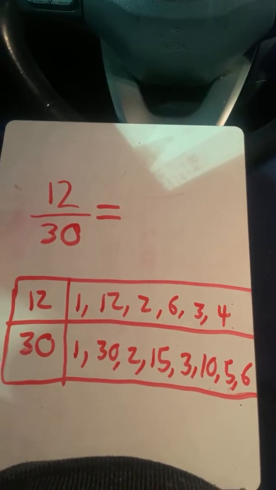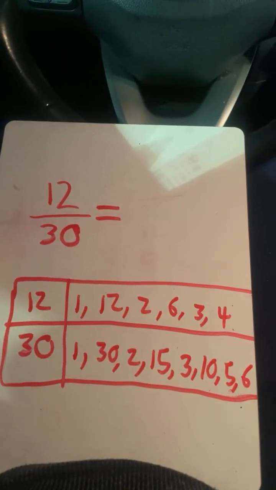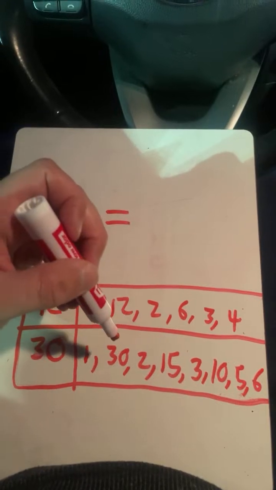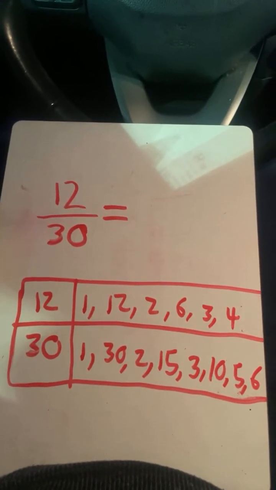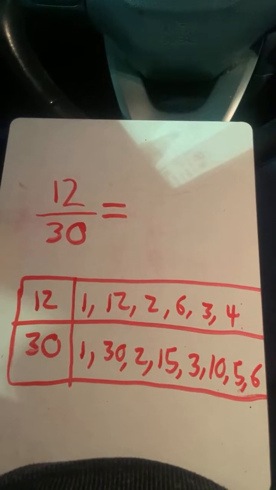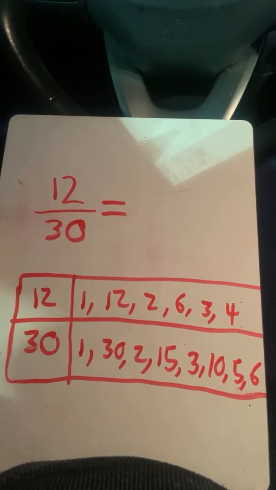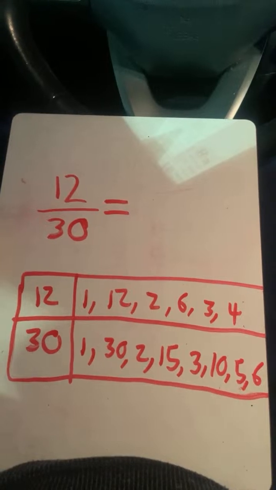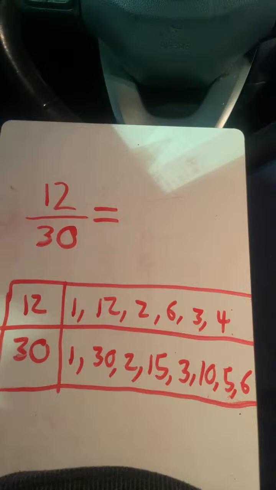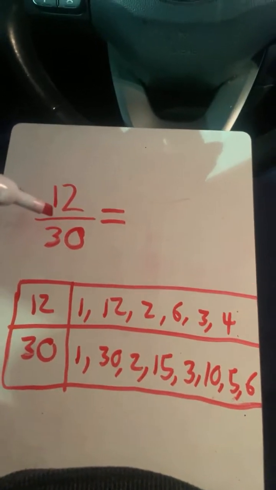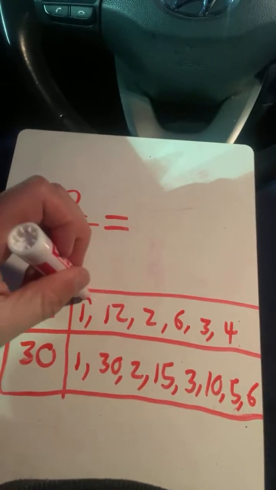And again, we need to divide by the greatest common factor. So out of all the factors, 30 is the biggest number, but it's not common. 30 is not a factor of 12. 15 is a factor of 30, but it's not a factor of 12. 12 is a factor of 12, but it's not a factor of 30. So we want to find the greatest factor that both the numerator and the denominator have in common.